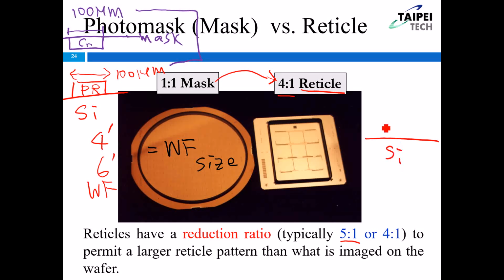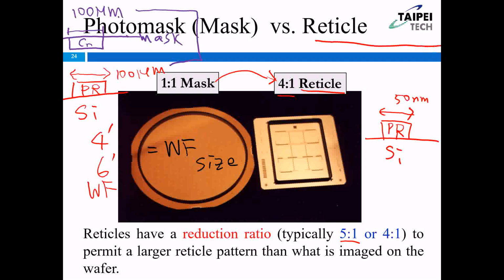Today our target PR, I want to fabricate with 15 nanometer. Very small, right? 15 nanometer. But it's incredible to fabricate only a 15 nanometer pattern on the mask. So how can I do?